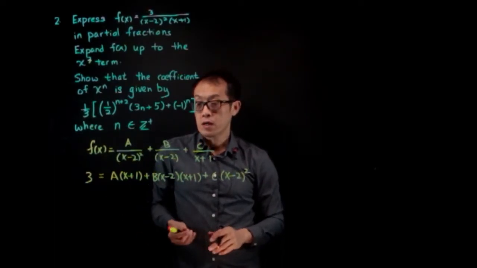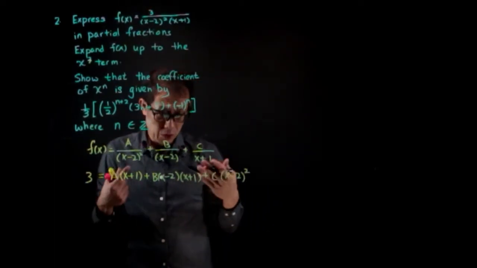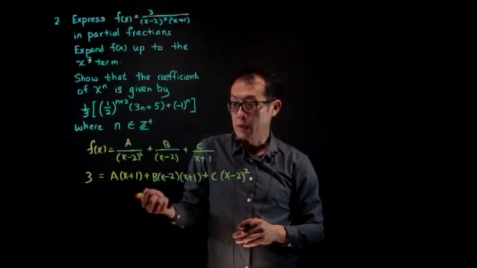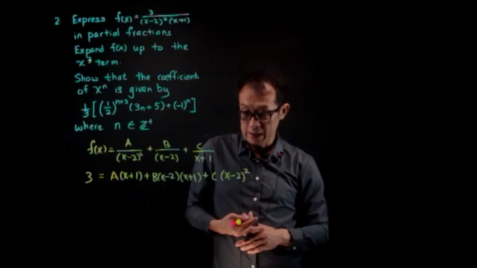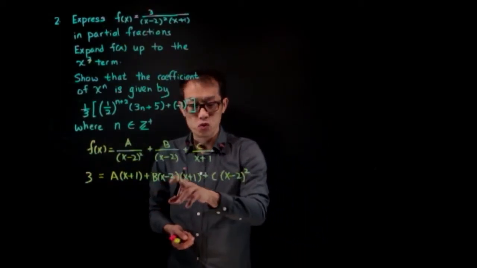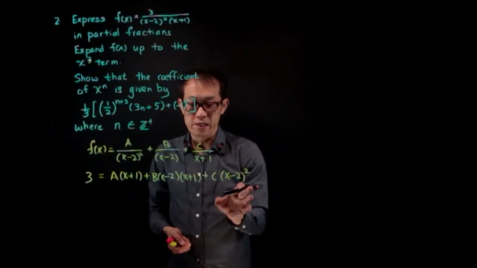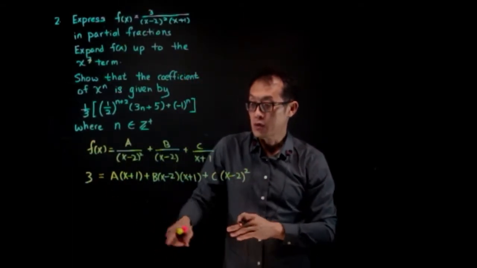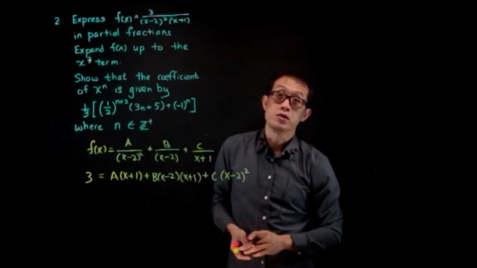Now, you can find the values of a, b, and c by comparing coefficients or by substituting suitable values of x. Like if you put x is 2, you will find that this is 0, whereas 3a is equal to 3 and a is equal to 1.